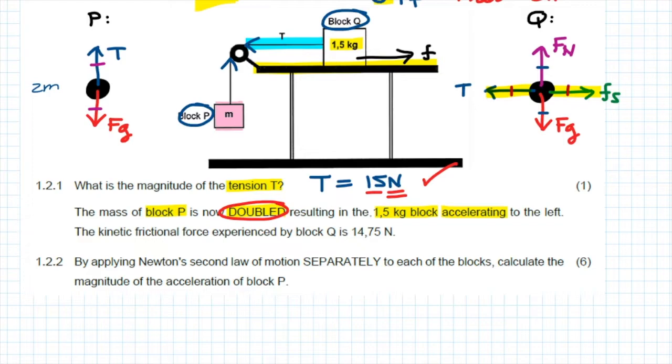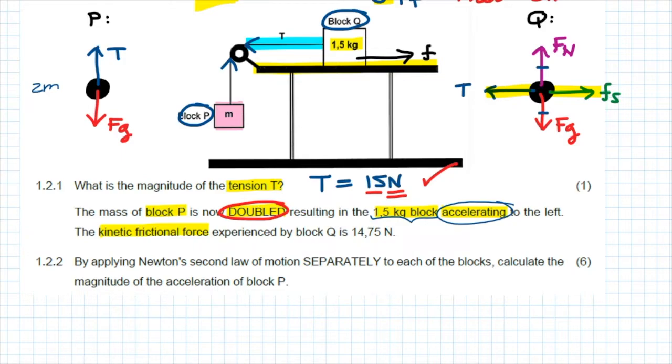We know that the blocks are now accelerating. If block Q is accelerating, it means that block P is accelerating as well. And that means that these forces are no longer equal and opposite, so I'm going to remove those symbols. The tension force to the left on block Q is going to be larger than the friction force, and the friction force, as mentioned in the information, is now kinetic friction.